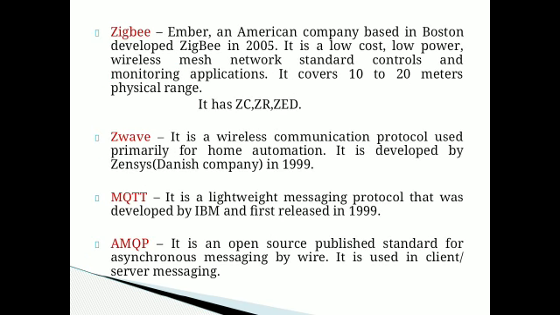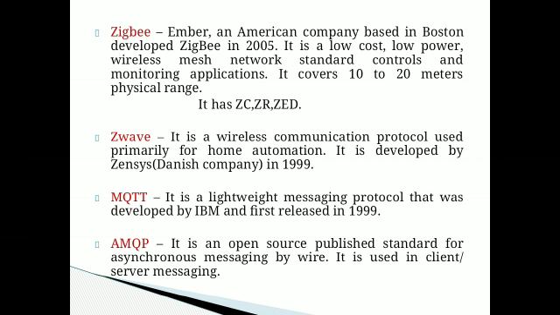And fourth one is Zigbee. Ember, an American company based in Boston, developed Zigbee in 2005. It is a low-cost, low-power, wireless mesh network standard for controls and monitoring applications. It covers 10 to 20 meters physical range. It has ZC, ZR, ZED.